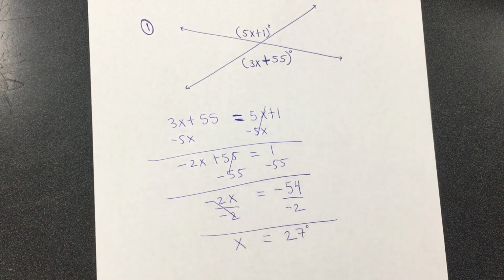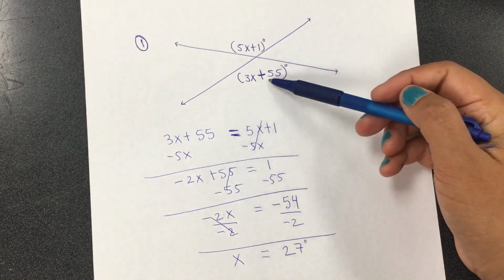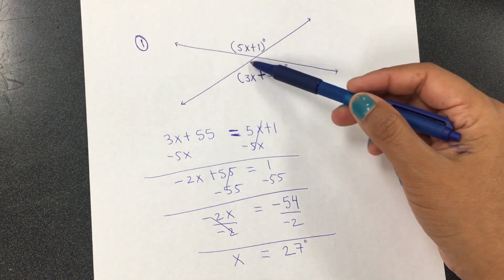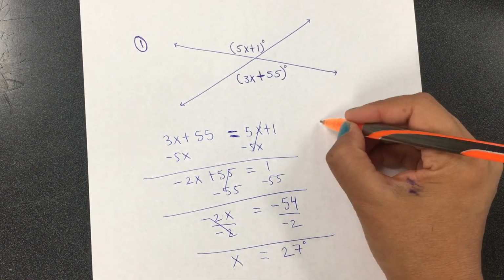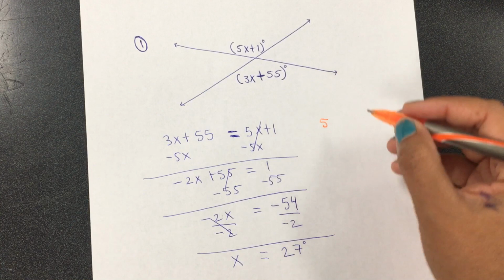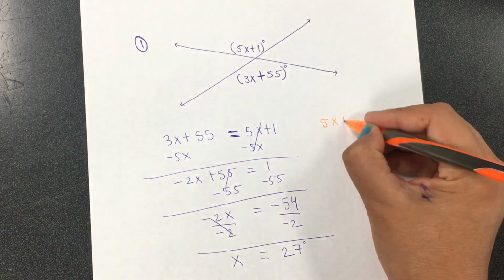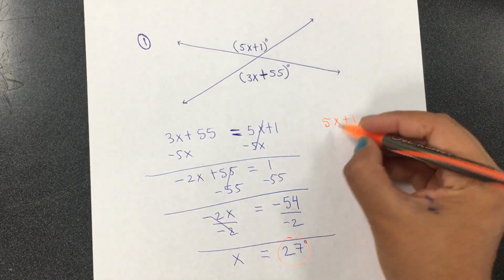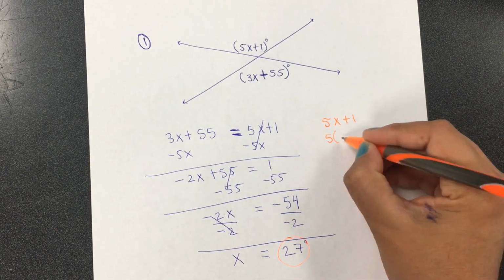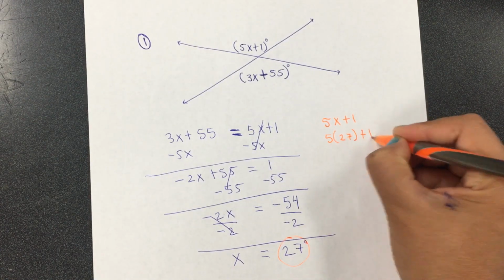So that means that the value of x is 27, but it doesn't mean that the angle is 27. I would have to substitute. So let me do both in here. Let me do 5x plus 1. But now I'm going to substitute 27. So 5 times 27 plus 1.